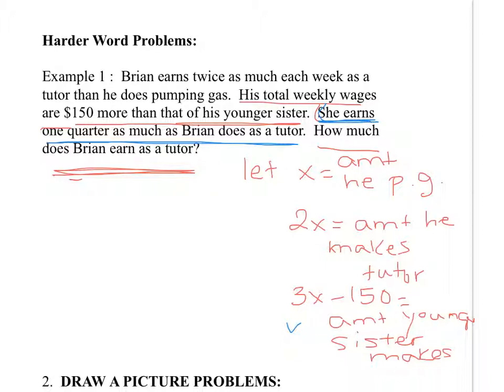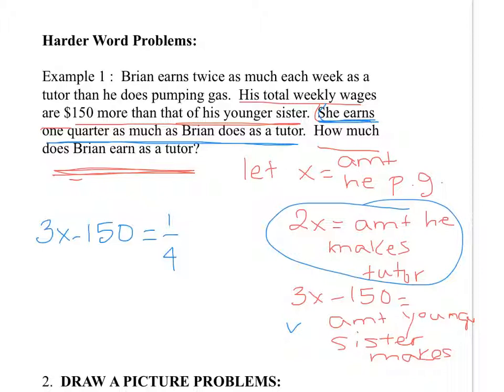She earns 3X minus 150. Okay? She earns 1/4 as much as Brian does as a tutor. So I only have to worry about him as a tutor, which is 2X. Okay? All right, so now we're going to simplify.